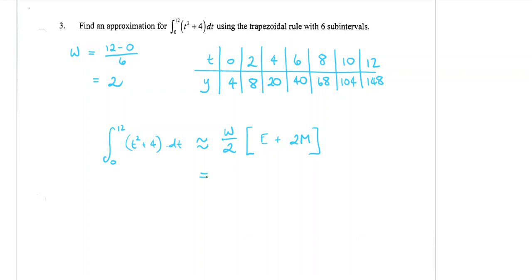So the w for this question is 2, so it's 2 over 2, open bracket. The ends means the 4 and the 148, the two end values.